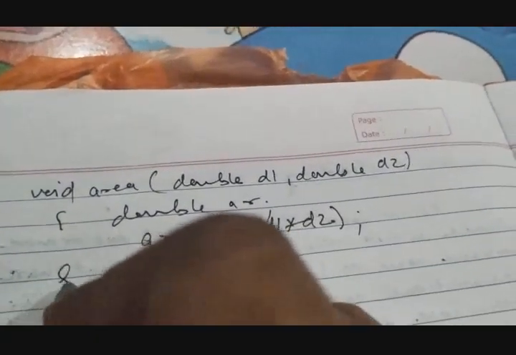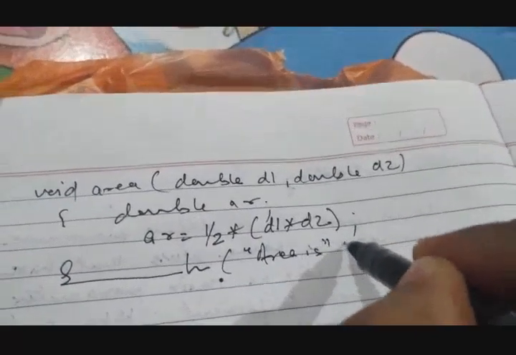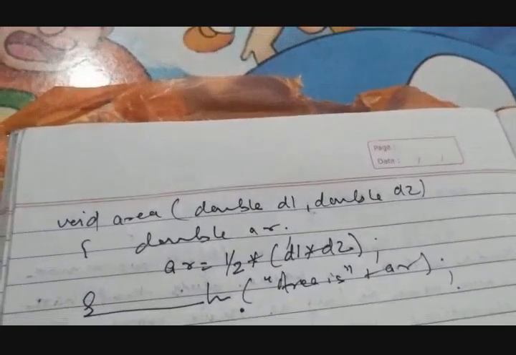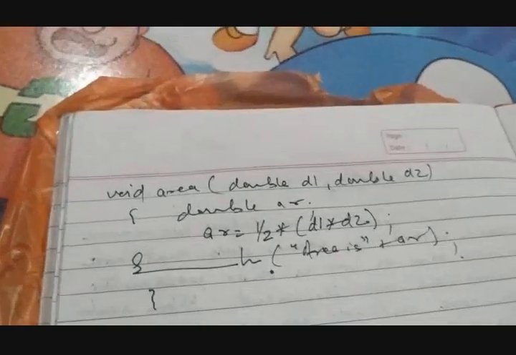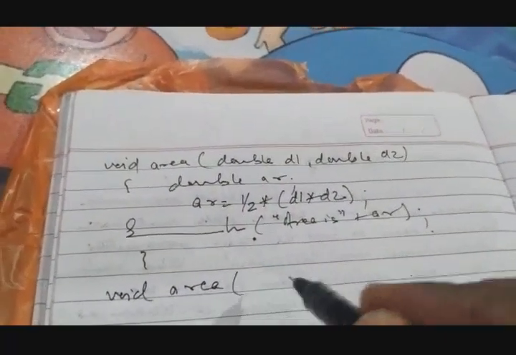Now print it out. Area is plus ar. Close void area.